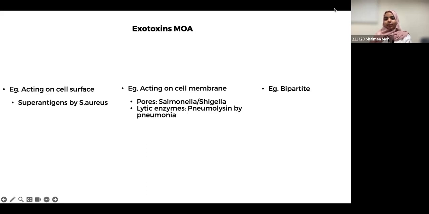Okay, last thing is bipartite. Someone mentioned the B binds and A damages. Yeah, you can think of it as B binds and A attacks. So what's an example of bipartite? Two examples, two bacteria, diphtheria and cholera. Yes, and what triggers the A subunit to travel towards the center of the cell, to the cytosol?